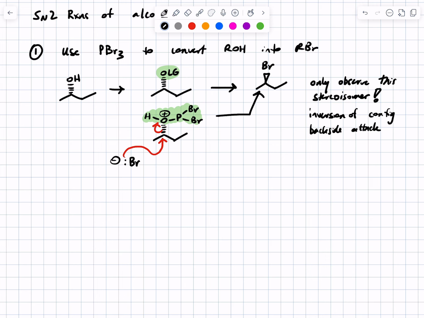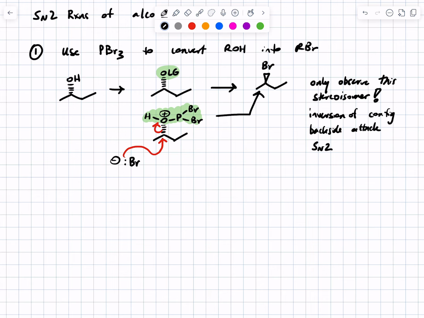Okay? The mechanism for this reaction is shown in the text. You do need to know that it proceeds with backside attack and inversion of configuration because it's an SN2 reaction.